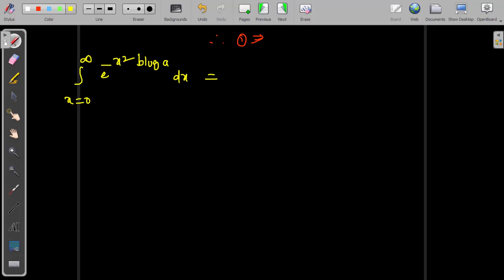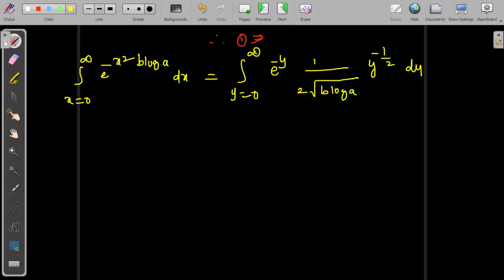This will be reduced as follows. The integral in terms of y from 0 to infinity results in e power minus y, because x squared b log a is y, and we have taken dx. The dx value is 1 by 2 times the square root of b times log a, multiplied with y power minus 1 by 2, dy.